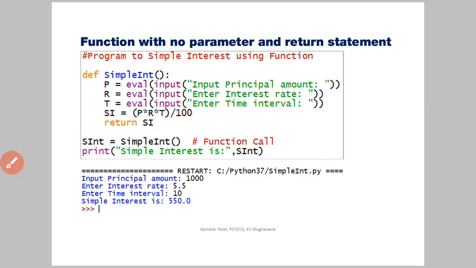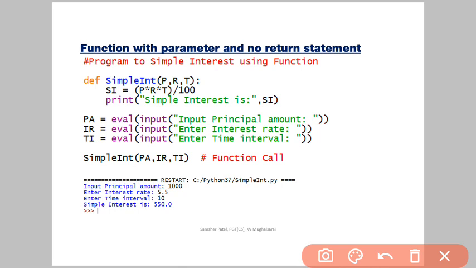Now let us see the next category of the function, that is function with parameter and no return statement. Again we have used the same function.